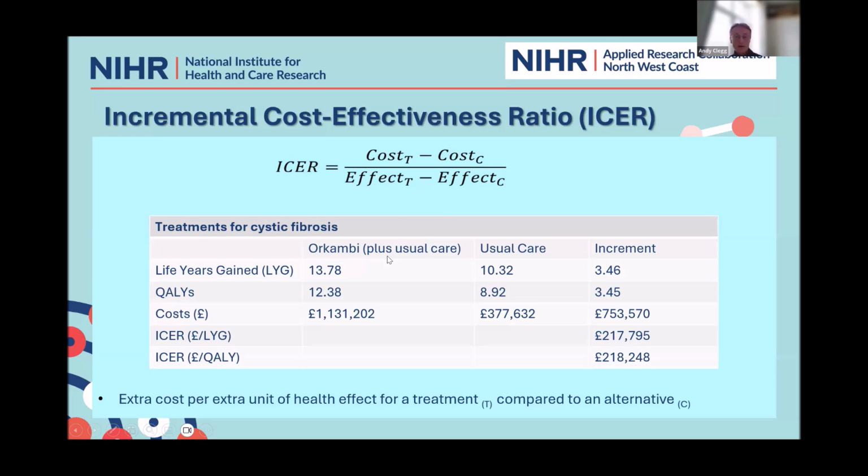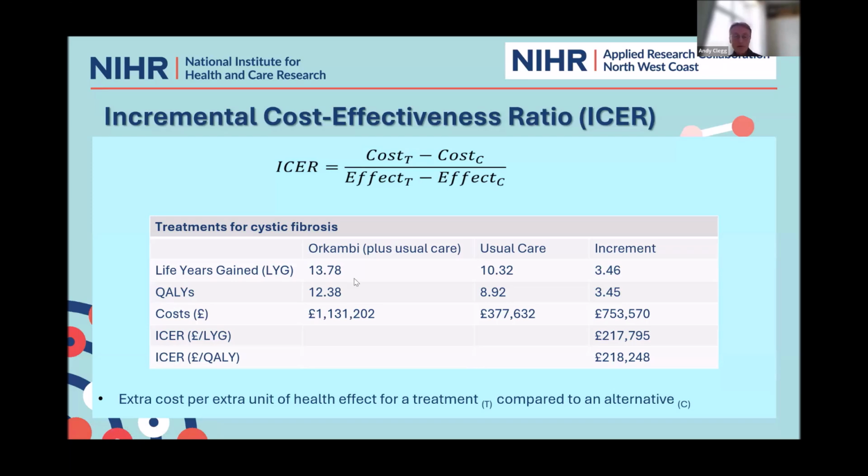And this comes from a National Institute for Health and Care Excellence review of Orkambi from the manufacturer's submissions, where they looked to see what benefit there was of adding Orkambi to usual care compared to what usual care was, which is usually things like physiotherapy, etc., to help try and clear people's lungs of the sort of muck that builds up in them.